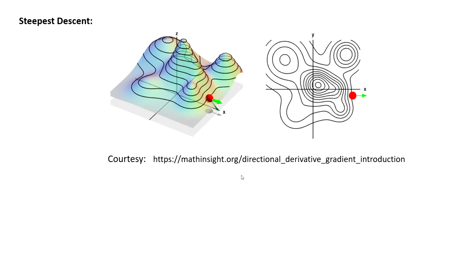The gradient vector's direction tells you the direction in which the function is changing the greatest. Do you agree with that? Let me repeat that: the gradient vector's direction tells you the direction in which the function is changing the most.